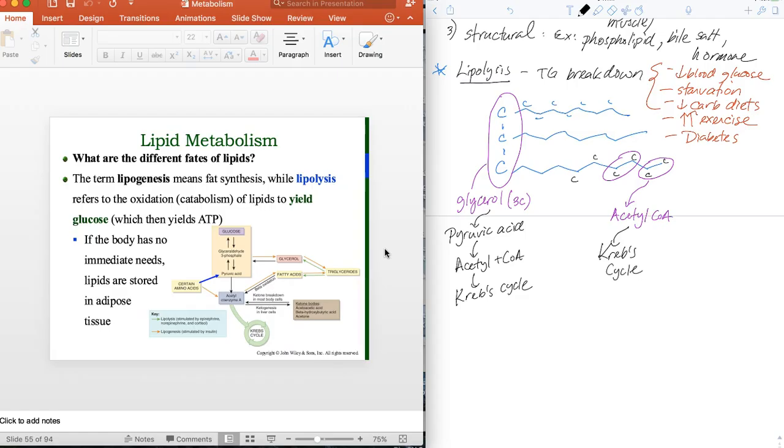This process of removing 2 carbon subunits has a specific name. That is called beta oxidation. That's the removal of 2 carbon units from fatty acids.